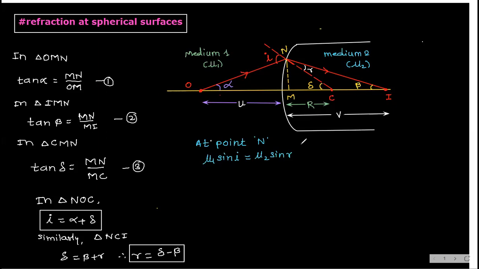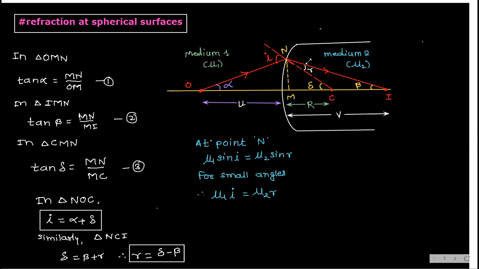For small angles, we know if angles are very, very small, sin theta is nearly equal to theta, and therefore mu1 I is equal to mu2 R. Yes, no?